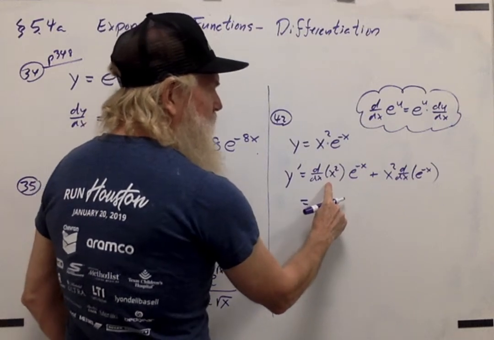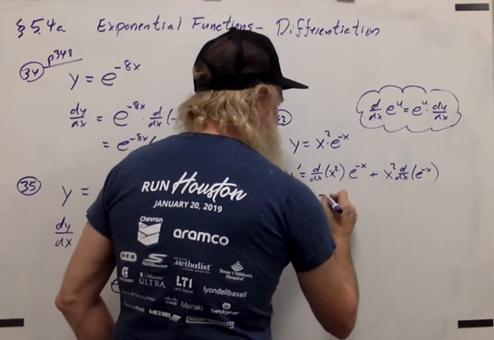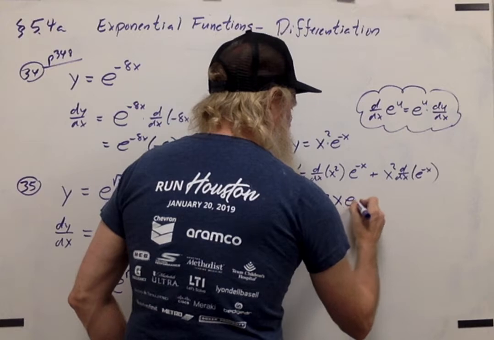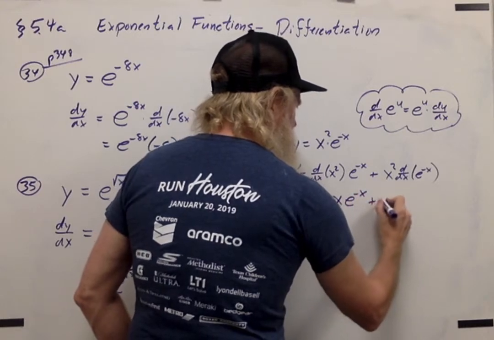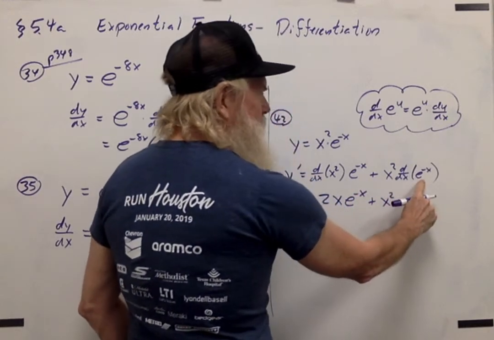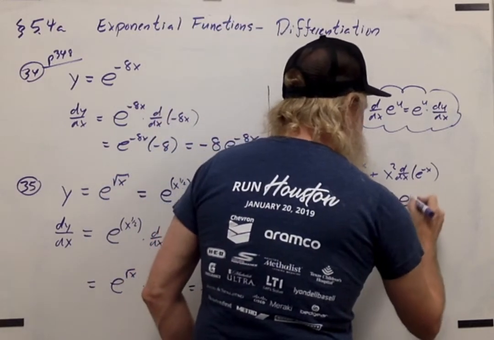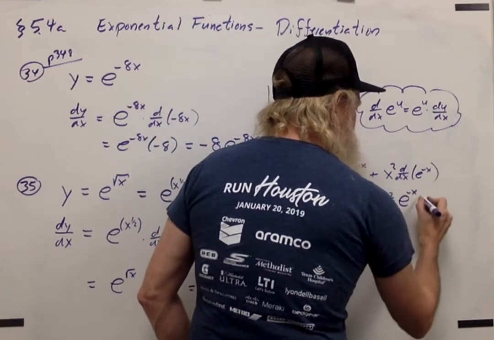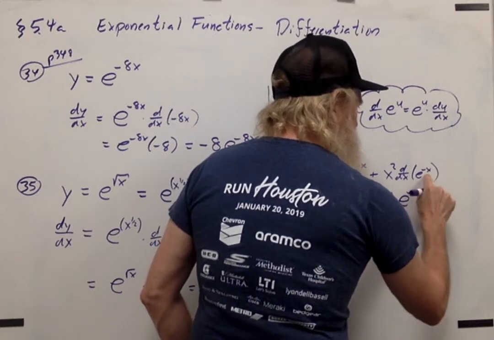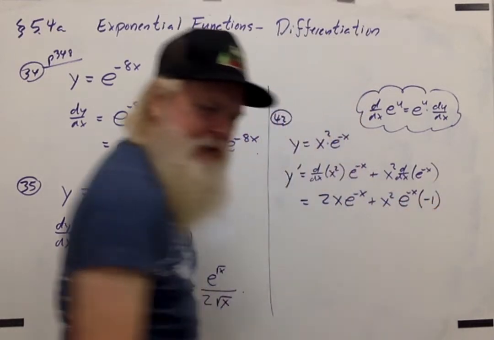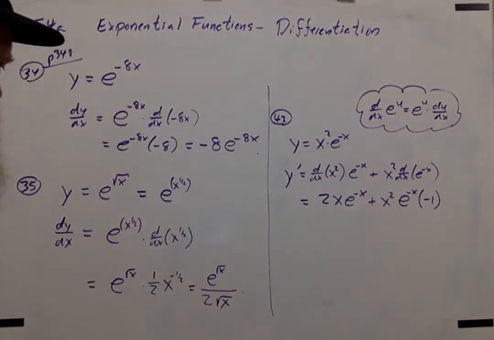Here, the derivative of x squared is 2x. And over here, the derivative of e to the negative x is e to the negative x times the derivative of the inside. And the derivative of negative x is negative 1.